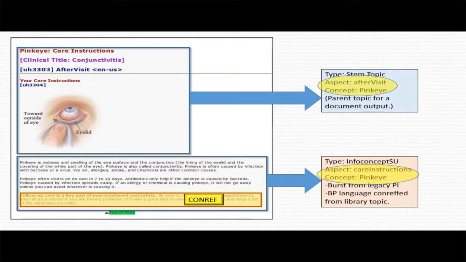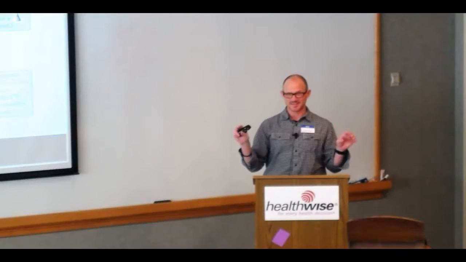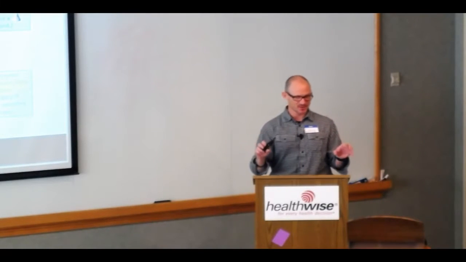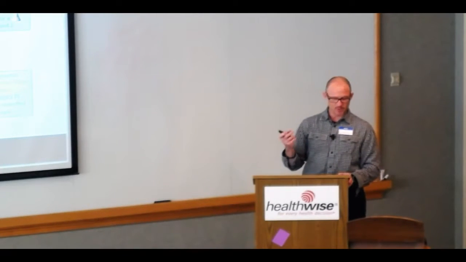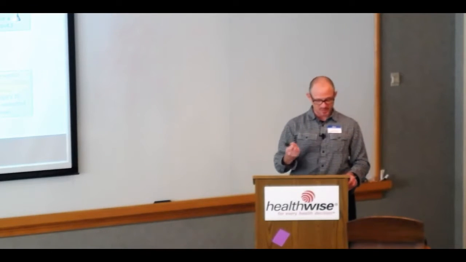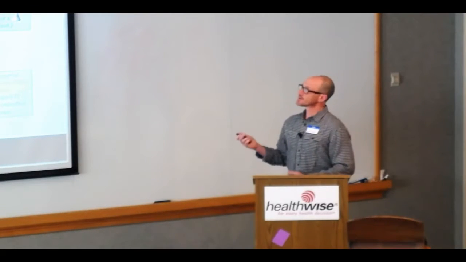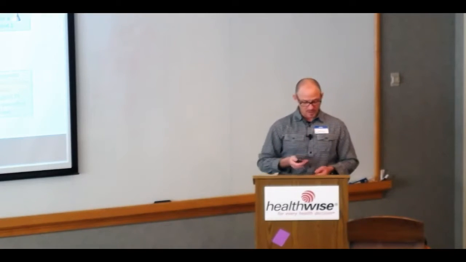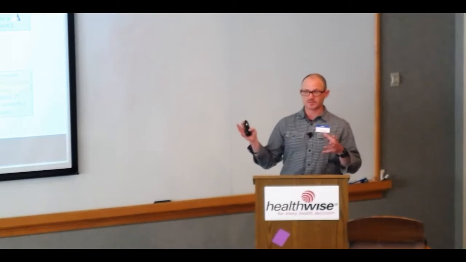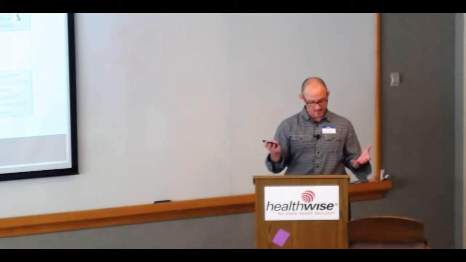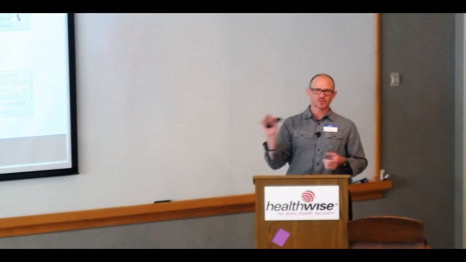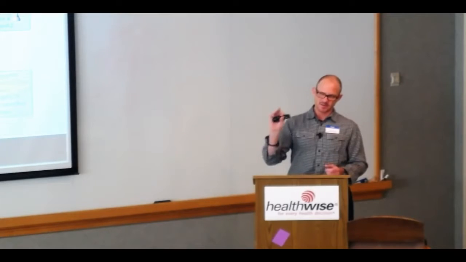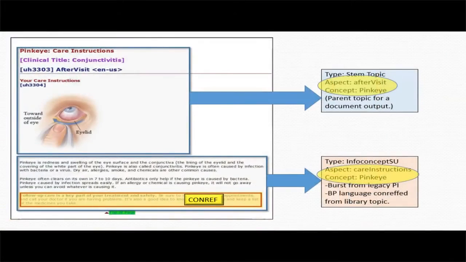I think I said we've got tens of thousands of pages of content now, pages that we are busting up into tens and tens of thousands of tiny little pieces. So we've got to be able to represent the meaning of these things very specifically. We accomplish this via things we call concept and aspect. Or what is the concept or subject matter of the content, and what aspect or slice of that subject matter does this particular piece of content address?